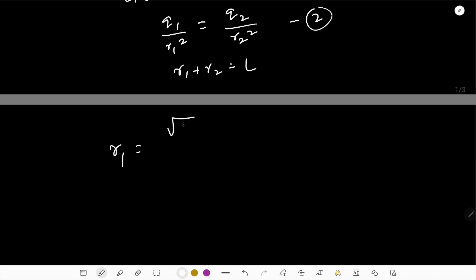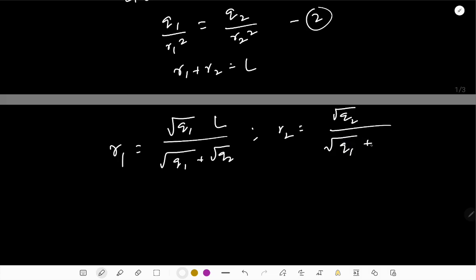R1 will be simply root q1 by (root q1 plus root q2) multiplied by L, and r2 you will get root q2 by (root q1 plus root q2) multiplied by L, and this is one of the standard results. These distances do not depend on the distance between the charges q1 and q2, so d was extra information given in the problem.